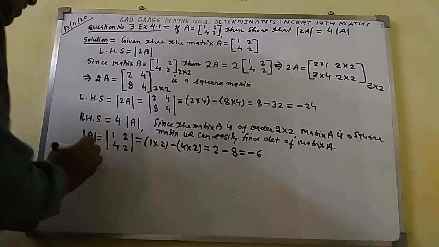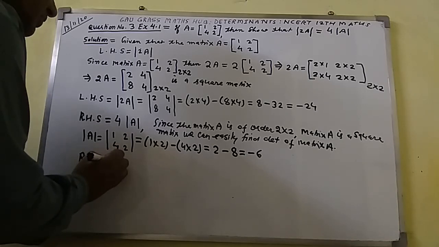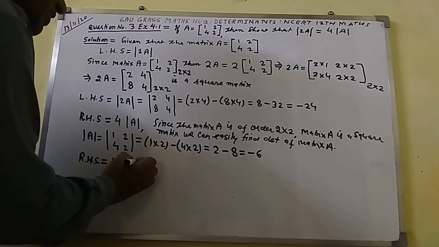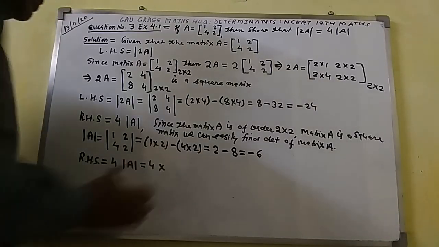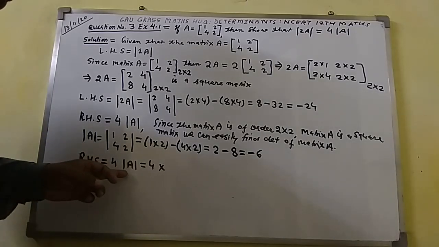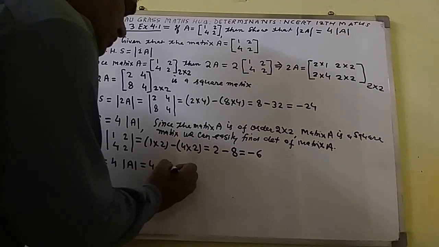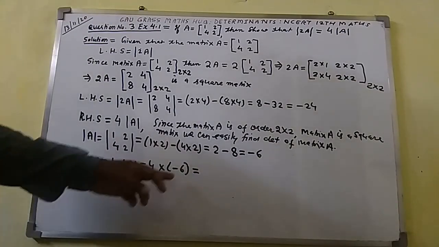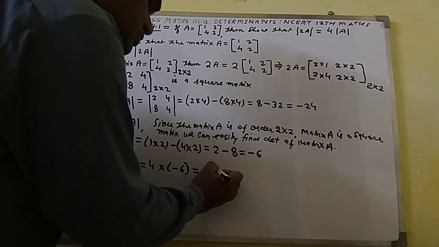Here I shall take RHS. RHS is equal to 4 times the determinant of matrix A, which equals 4 into minus 6. 4 times 6 is 24, so you will get minus 24.